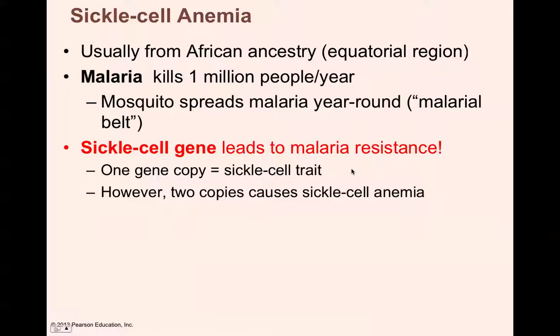And so they had a survival advantage over individuals that had 0 copies of this gene. So with one copy of the sickle cell gene, we say that they have the sickle cell trait, and that's what leads to a survival advantage if you're infected with malaria. However, if 2 individuals come together and have a baby where that baby inherits 2 copies of the sickle cell gene, this is what's going to cause sickle cell anemia.